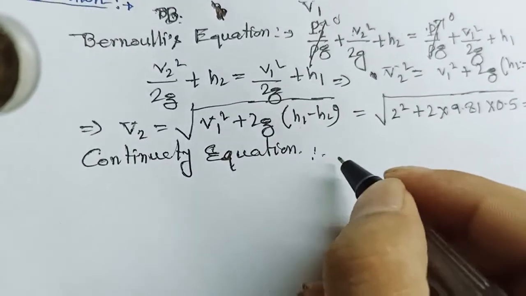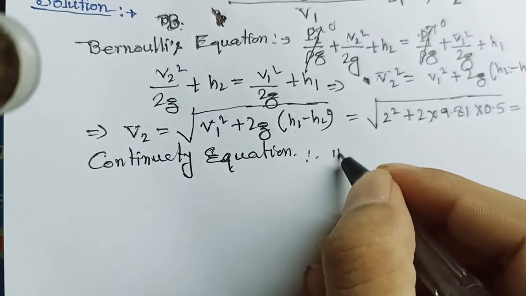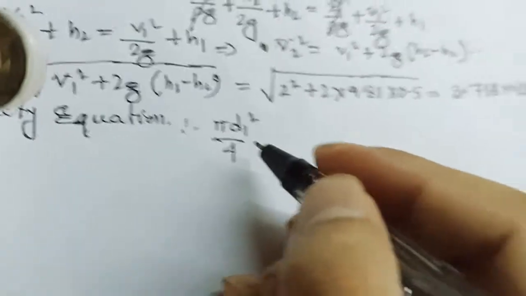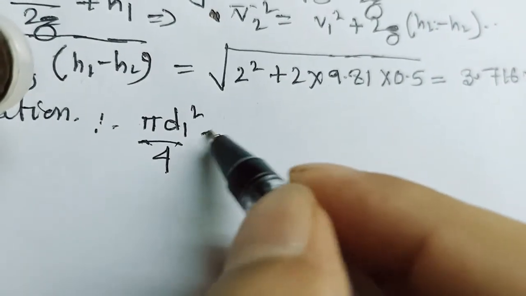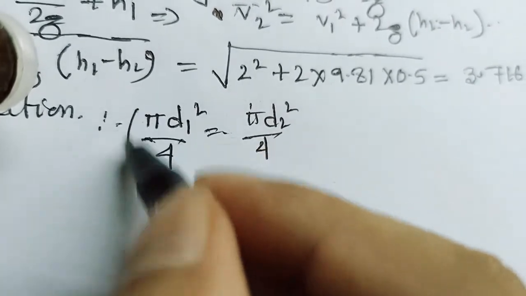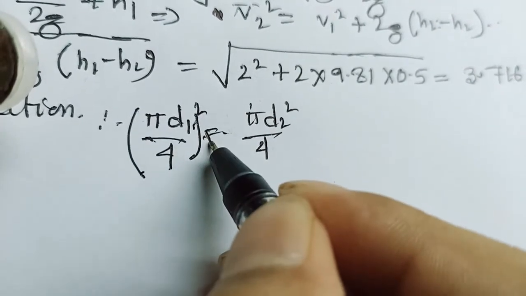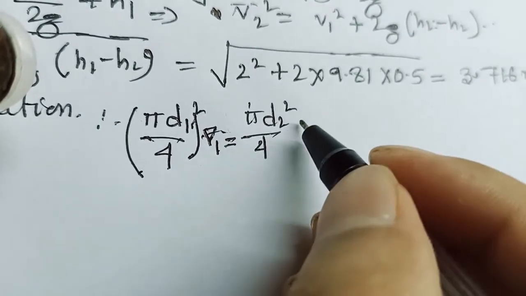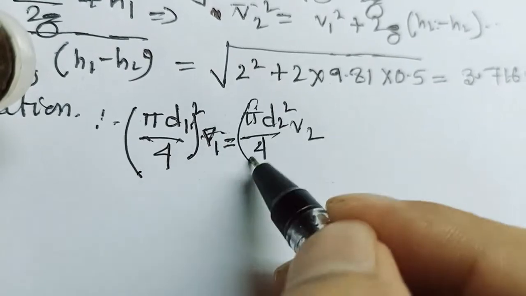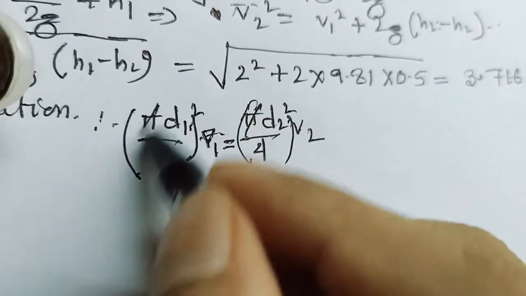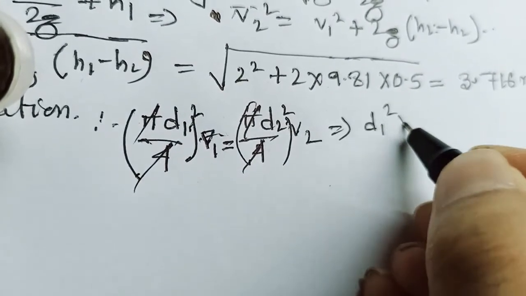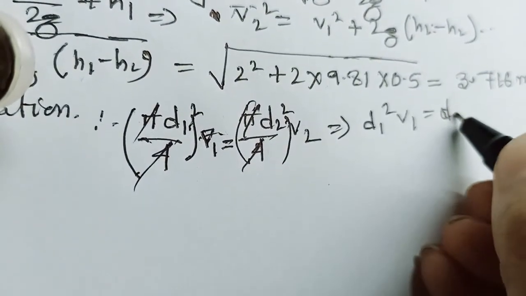It means A, which is equal to pi d1 square divided by 4, multiplied by V1, is equal to pi d2 square divided by 4 into V2. So we can cancel pi and 4 from both sides. After that we find d1 square V1 equals d2 square V2.